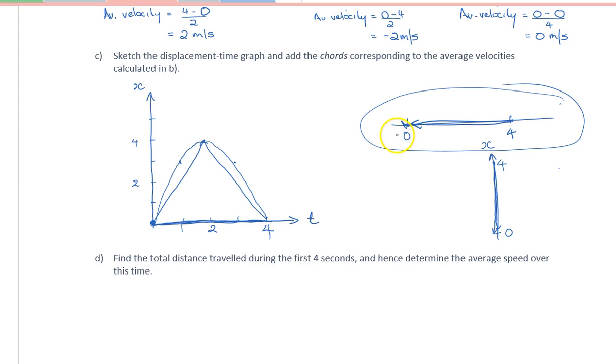If it started at 0 and it went 4 units and it came back 4 units, then I think you can see that the distance travelled is actually 8 and the time was 4 seconds. So the average speed is, the formula we've always used, the total distance divided by the time, which is 2, I think that were metres per second.